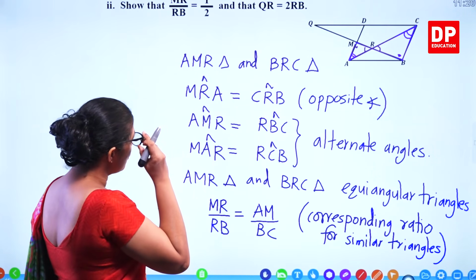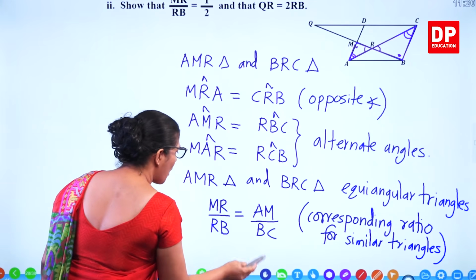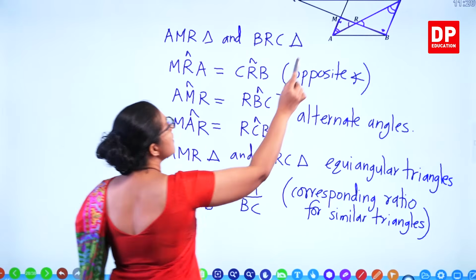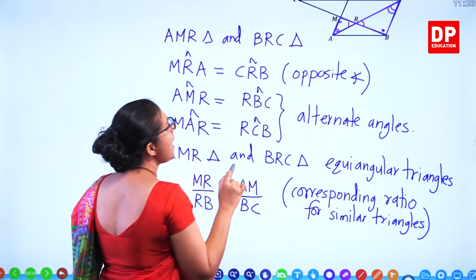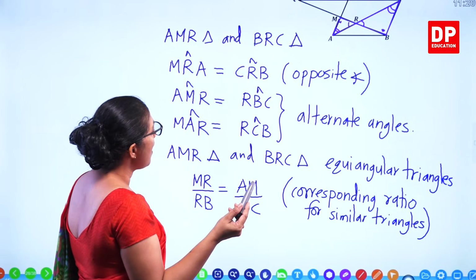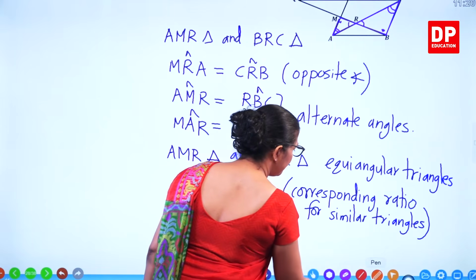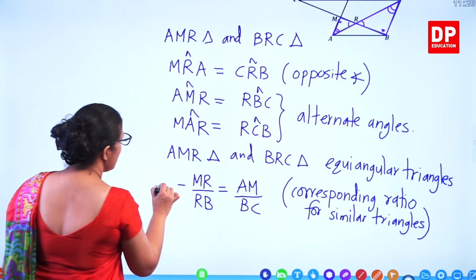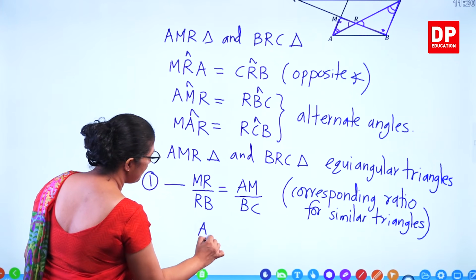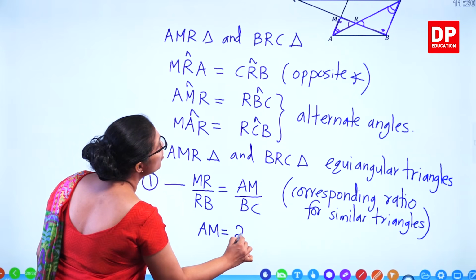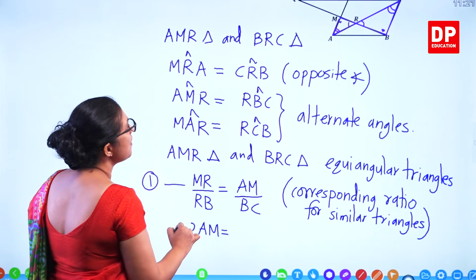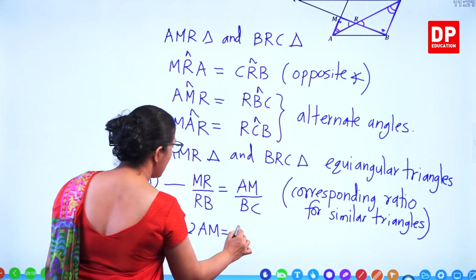Now we found a relationship, but we need to find out what's the relationship between these two. We know this length is equal to this length, so AM and MD are equal. So AD you can write 2AM. So 2 times AM is equal to AD.